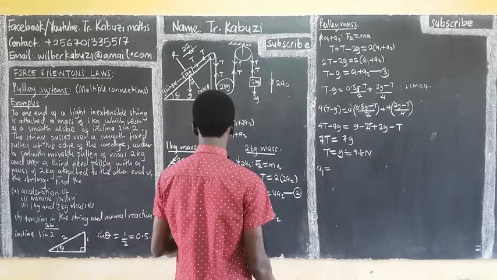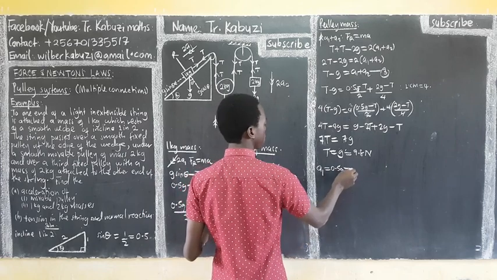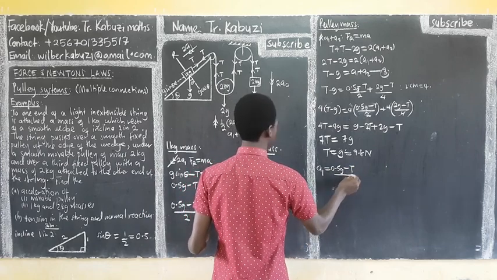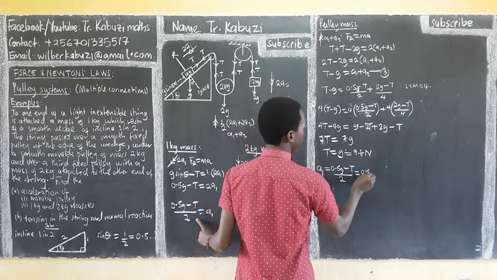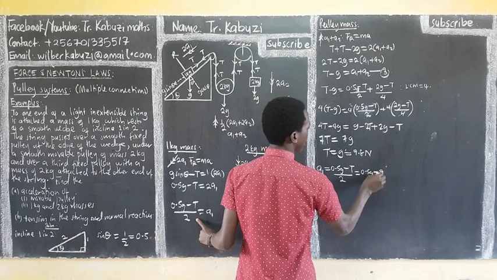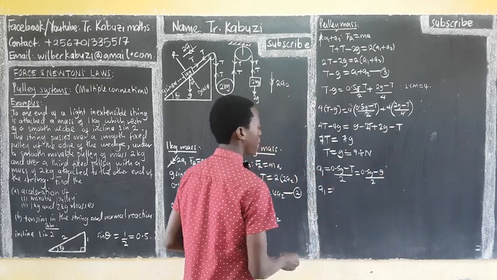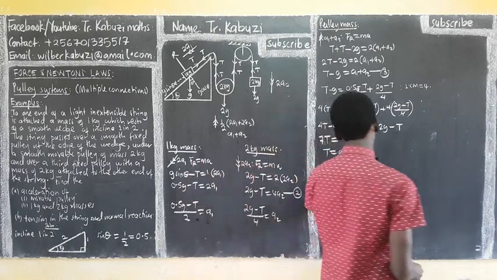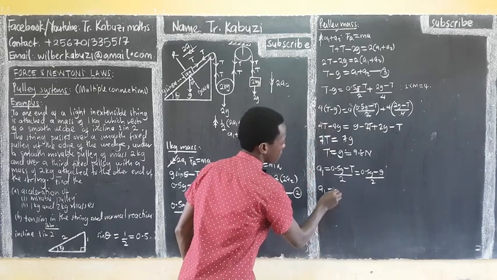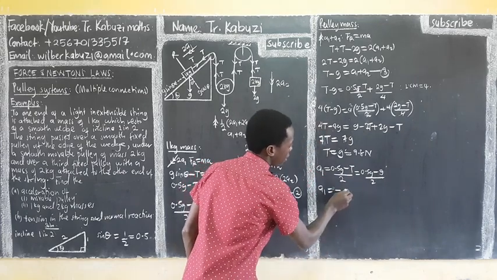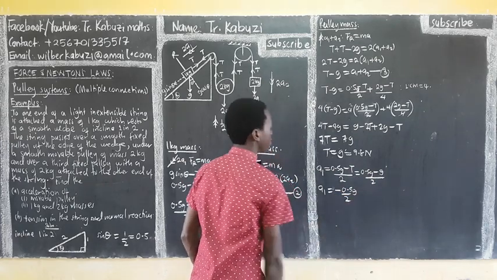So our a1 is going to be now 0.5 d, then minus t, the whole over 2, which will be 0.5 d minus 2, which is d, the whole over 2, and our a1 is going to be negative 0.5 over 2. That would be negative, and subtract this from this, 0.5d over 2.